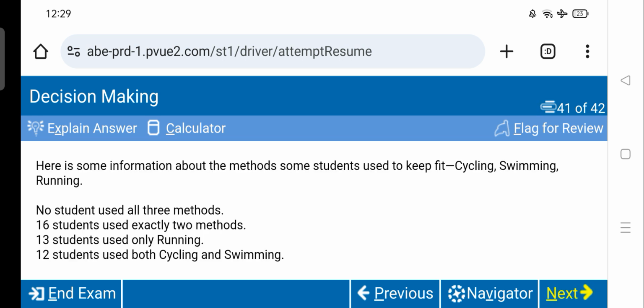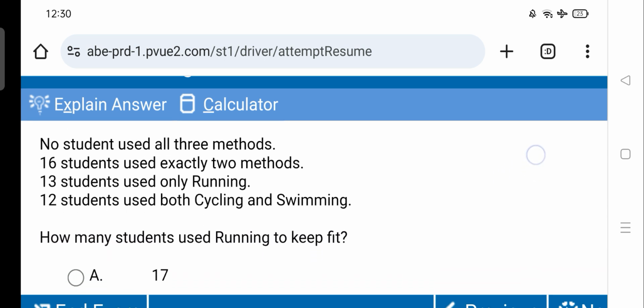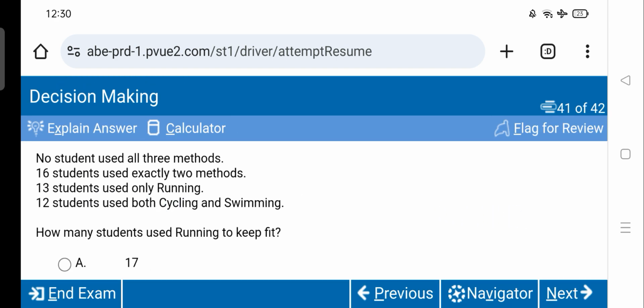Next we have some information about the methods some students use to keep fit: cycling, swimming, running. No students used all three methods. 16 used exactly two methods. 13 students used only running. 12 students used both cycling and swimming. So how many students used running to keep fit?